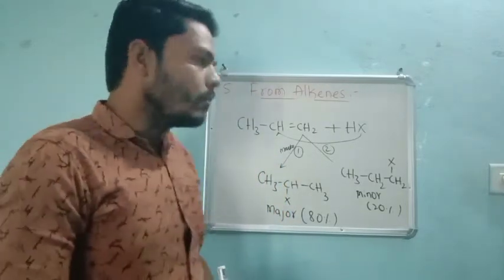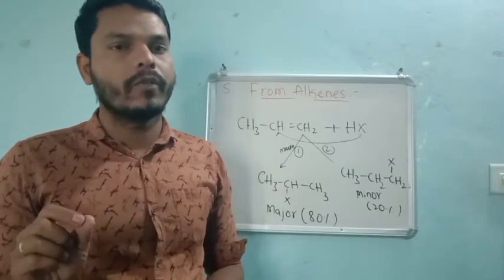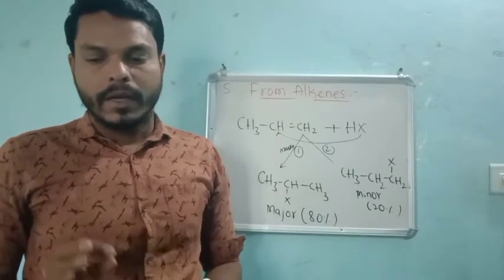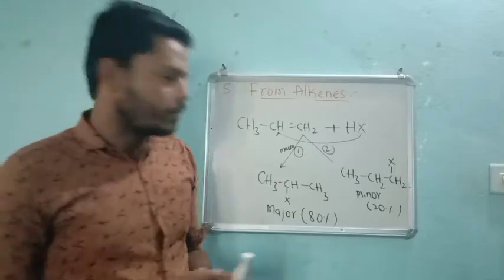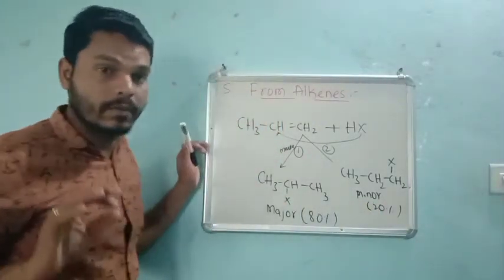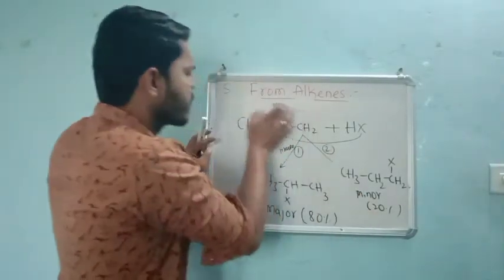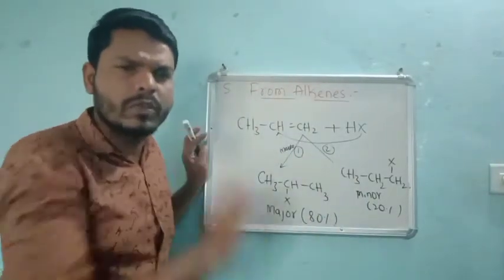Now, what is the difference between Markovnikov and anti-Markovnikov rule? In anti-Markovnikov rule, this will become 80%. Dear student, listen carefully. In anti-Markovnikov rule, we use the same thing, no change.